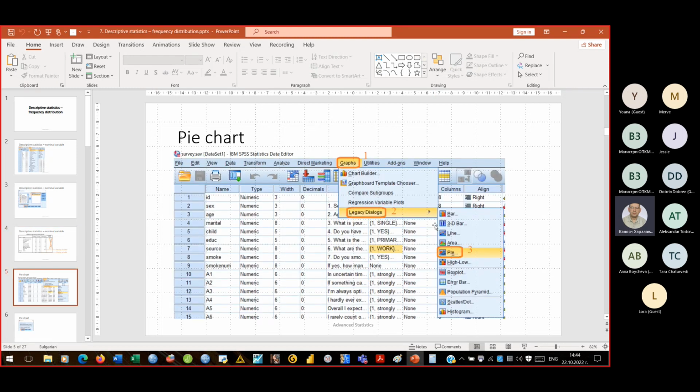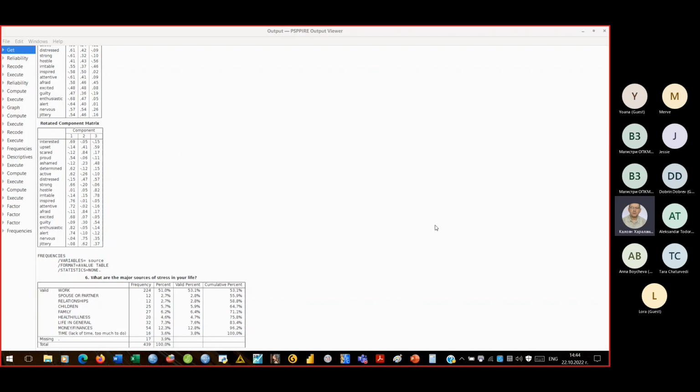Oh, sorry. We can make charts here. In PSPP, there are not many possibilities for charts, but charts exist.